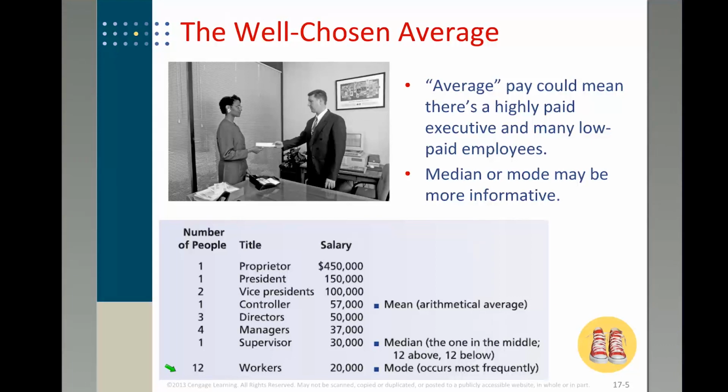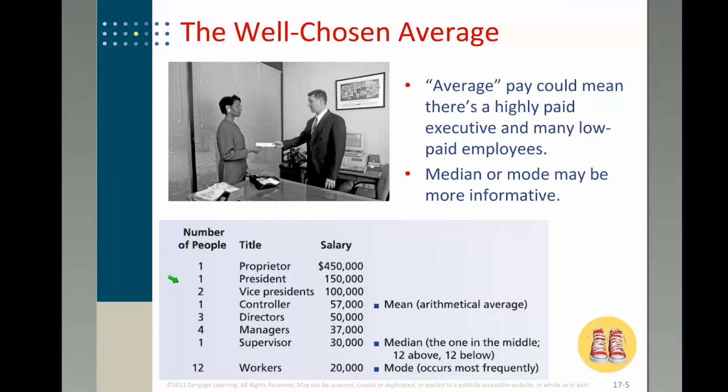And if we go up, we'll find that there's one special person earning $450,000. And the next person, the president, earns $150,000, going down like that.